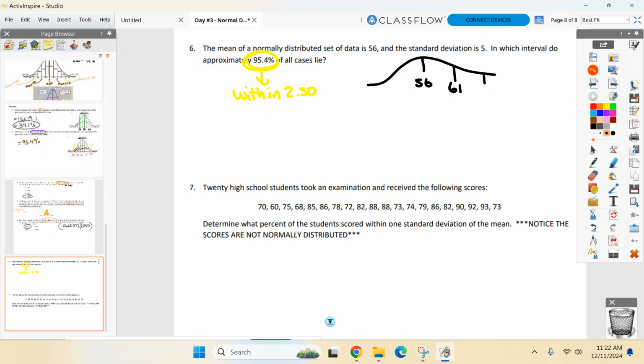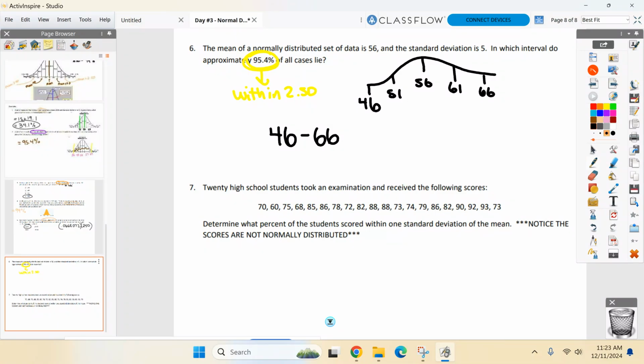I need to go over another, which is 66. All right, there's positive 2. How do I go to negative 2? Subtract 5 twice. So 51 and 46. So what's my interval that contains 95.4%? 46 to 66 is the interval where 95.4%.